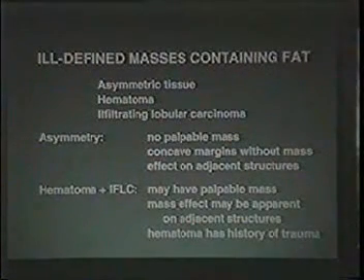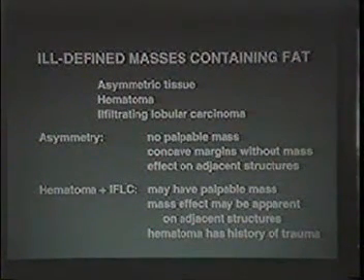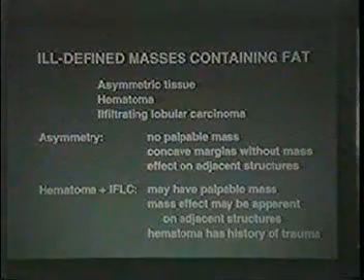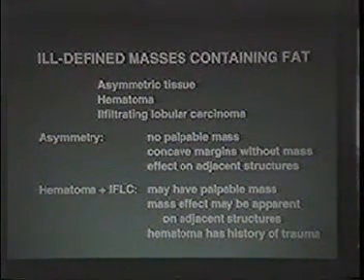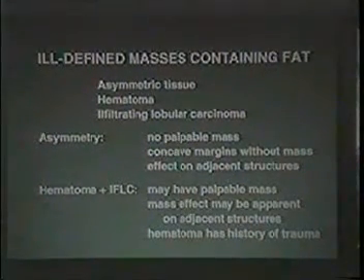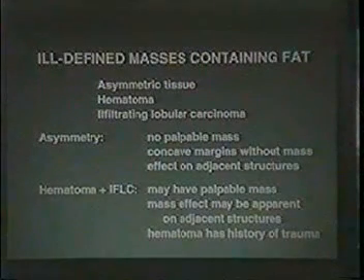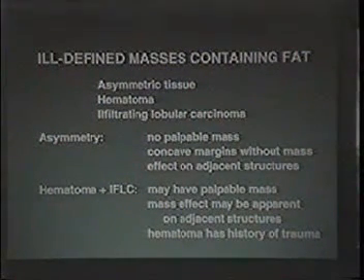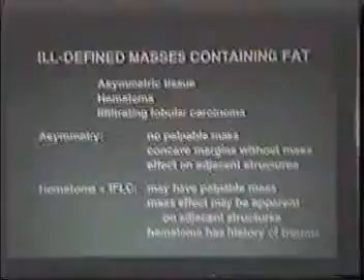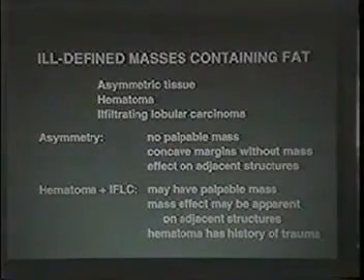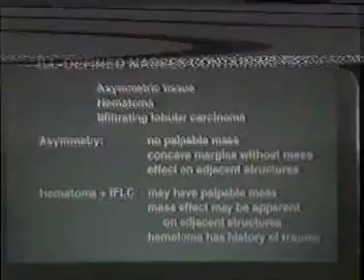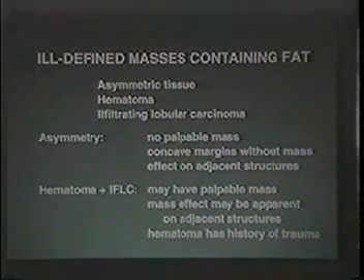When we look at it on the mammogram, one of the criteria that I use is, I think, if the woman had a mastectomy and we didn't have her other breast, would I even notice that anything is present on this mammogram? Because it looks like normal breast tissue. That means it has the density of normal breast tissue, it has concave margins like normal breast tissue has, and it has no mass effect on adjacent structures.